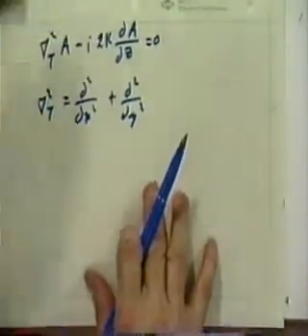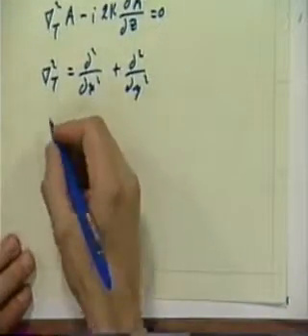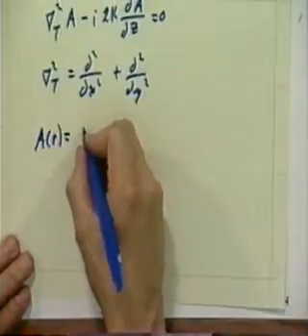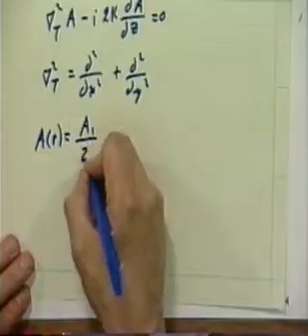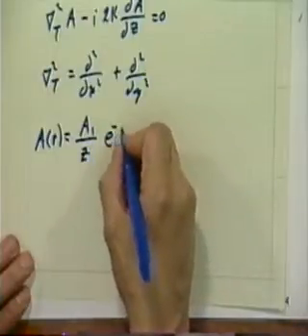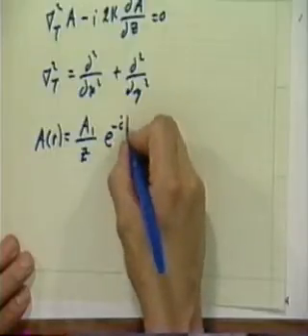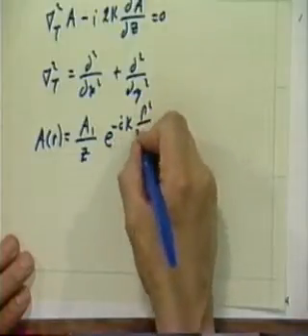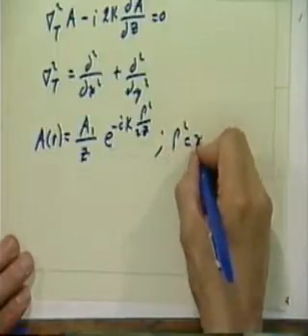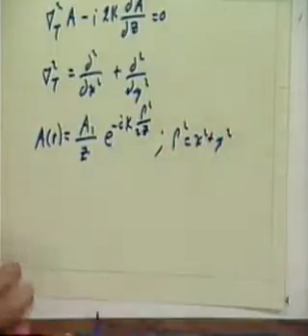And one simple solution here would be that A is some, say, A1 over Z, e to minus i k rho squared over 2z, where normally rho squared is x squared plus y squared.